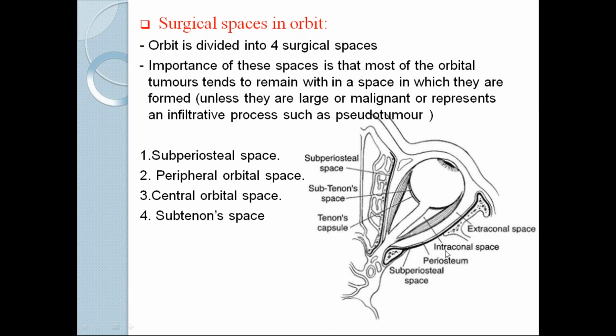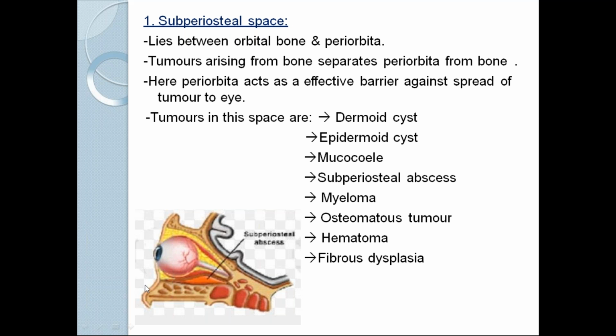Behind the eyeball is the central surgical space. Between the extraocular muscles and the periorbita is the peripheral orbital space. Beneath the bone is the subperiosteal space, which lies between the orbital bone and periorbita.